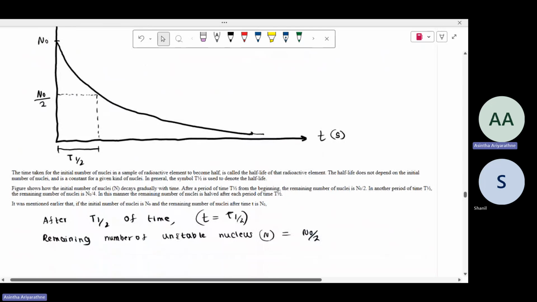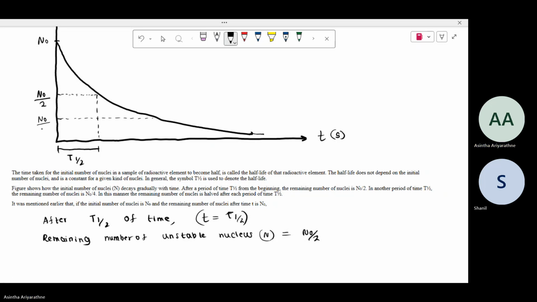So here another important consideration is that half time is always the same. Right? It's the time required to change from N naught to N naught over 2, which is half, is equal to the half time. Then what about the time required to change from N naught over 2 to N naught over 4, which is again half?